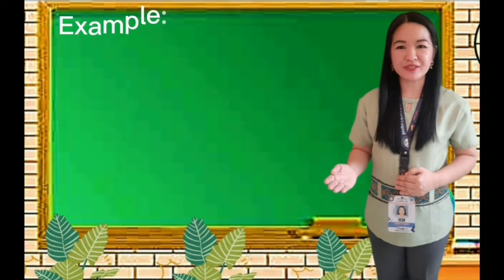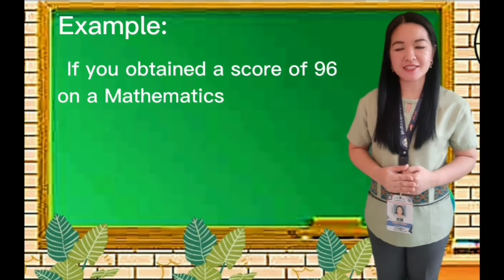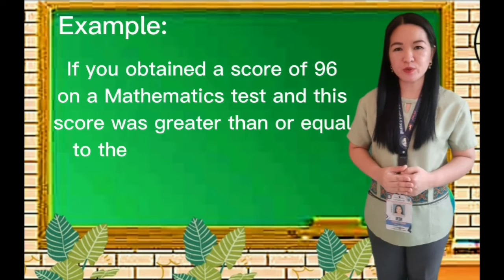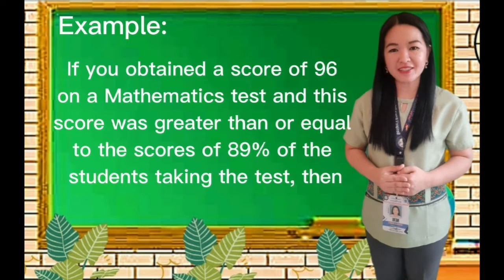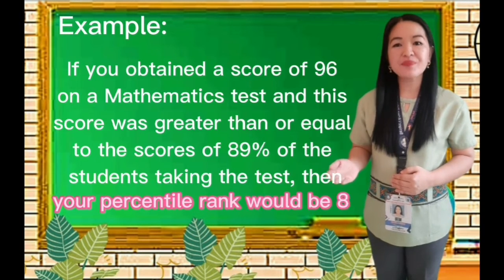For example, if you obtained the score of 96 on a mathematics test and this score was greater than or equal to the scores of 89% of the students taking the test, then your percentile rank would be 89.